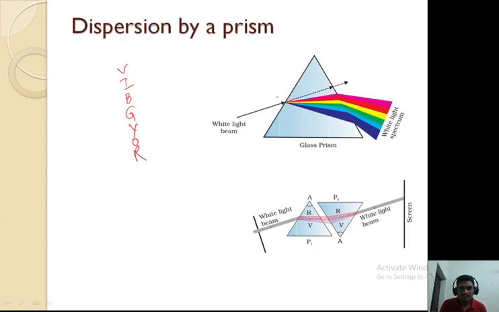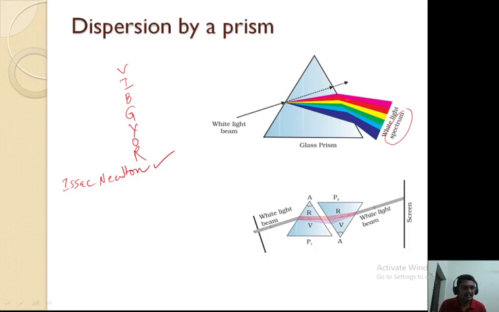This splitting of white light into its constituent colors is known as dispersion, and the display of colors is known as spectrum. The spectrum of light was first observed by Sir Isaac Newton in the 17th century.